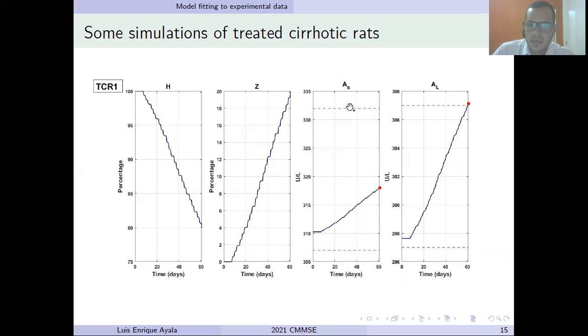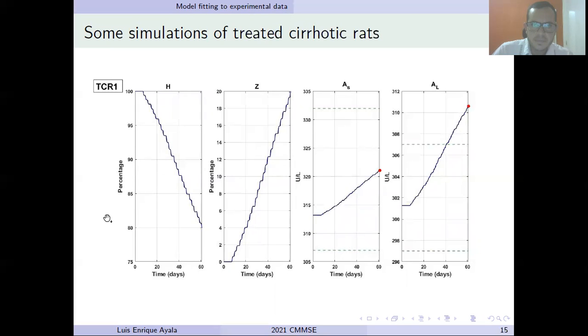And the same, the healthy levels, and the initial condition in the levels are between the healthy levels. And here I show you another example. This is another treated cirrhotic rat. In this case it is number 4. And we can observe that the model fits very well the experimental data.